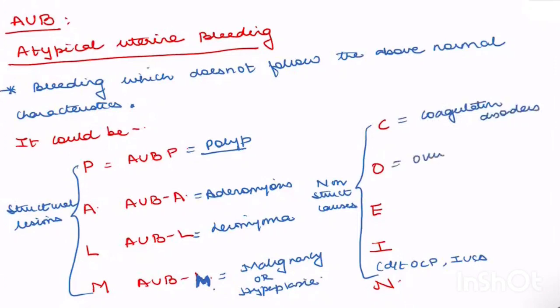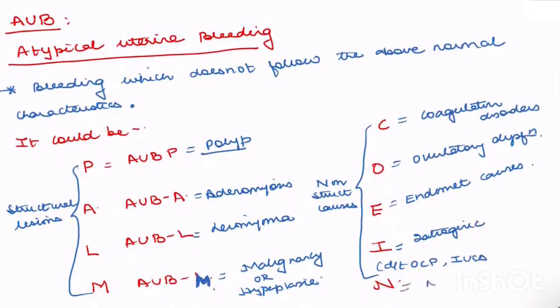O stands for ovulatory dysfunction, right? E stands for endometrial causes. I stands for iatrogenic. So अगर bleeding due to IUCDs या oral combined pills की वजह से हो रही है, and N stands for not yet classified.